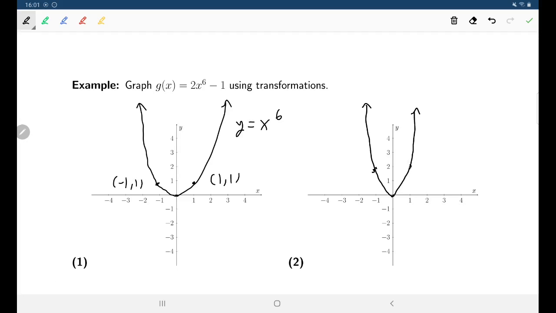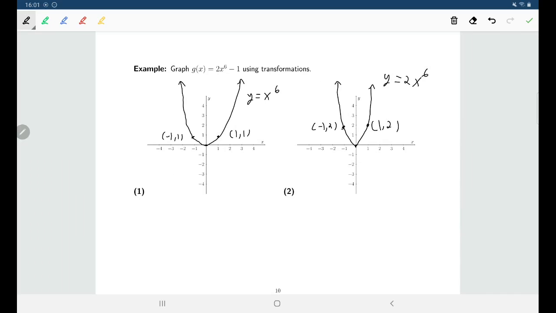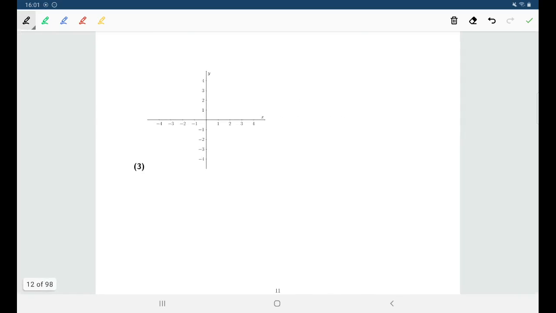So we have our point 1, 2, 0, 0 stays where it is, and we have the other point -1, 2. This is y equals 2x to the 6. And then as my last move, I'm going to take this graph and shift it downward by 1 unit, and that will be the graph of g of x.